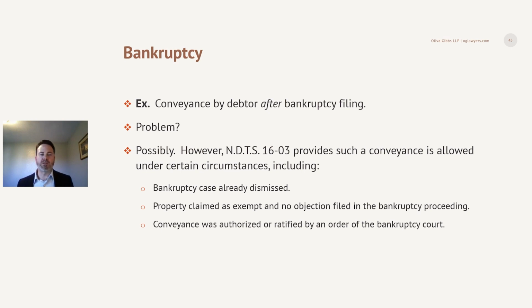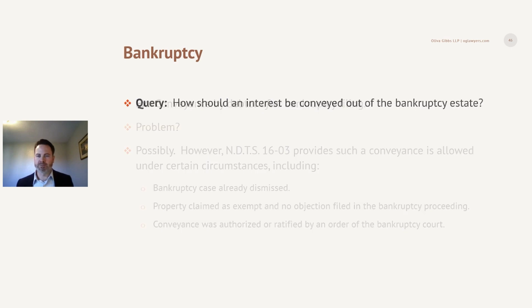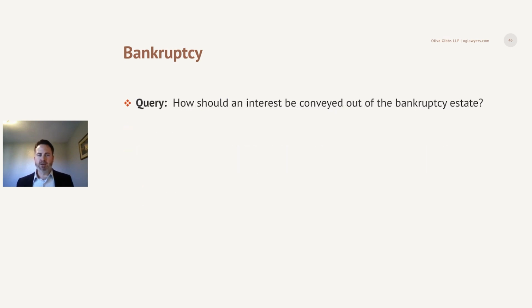And a third example, if we have this conveyance and it is ratified or authorized by the bankruptcy court, that should be sufficient. So if an entity is going through bankruptcy, what should we generally look for if that interest will be conveyed?